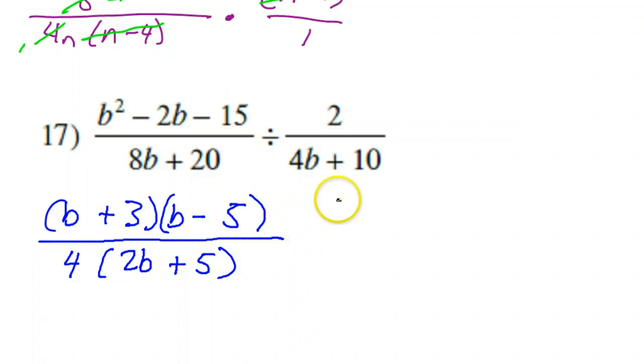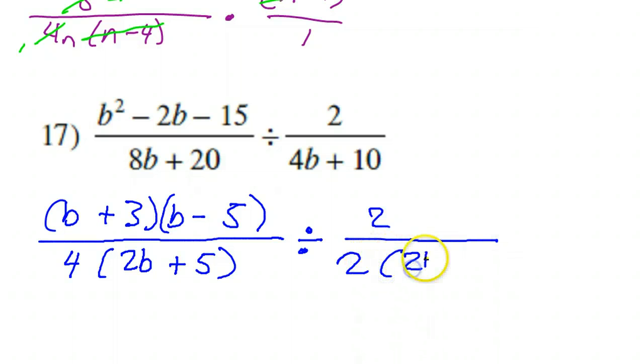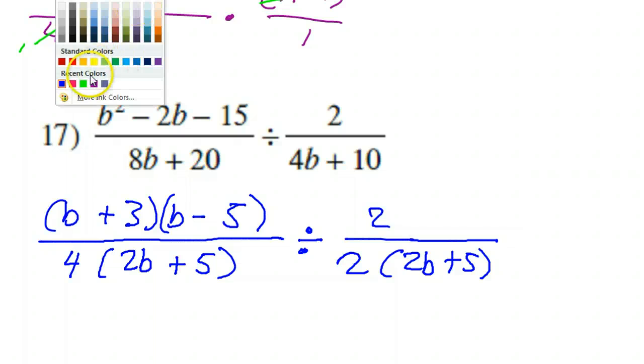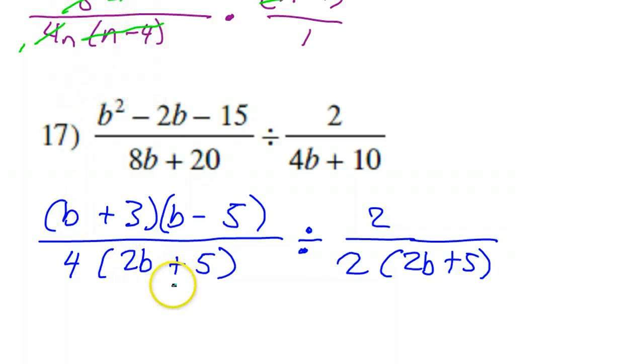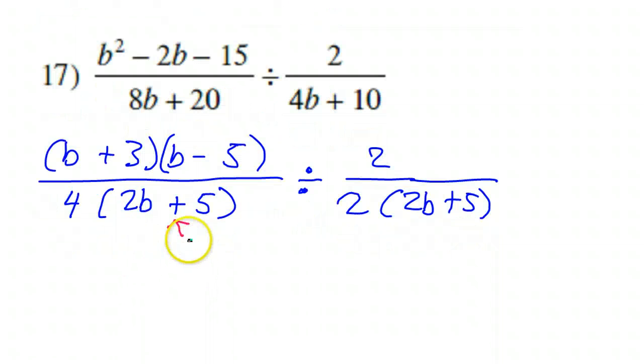And then, of course, over here I have divided by 2 over. There's a GCF of 2 here. I'm going to need a little more space. So this will make 2 times 2b plus 5. This would be a good place to make my restrictions. On the left, you're only going to get a restriction from the denominator.